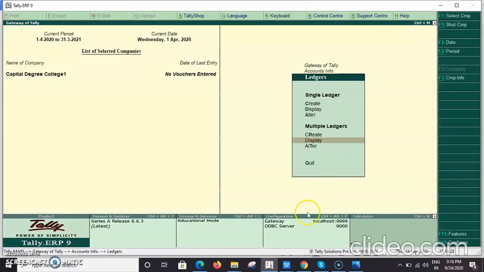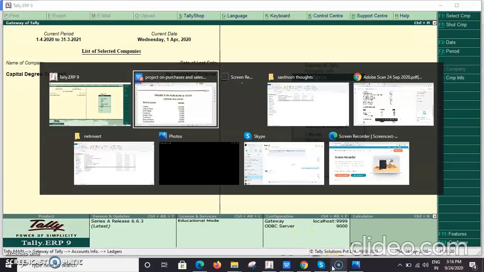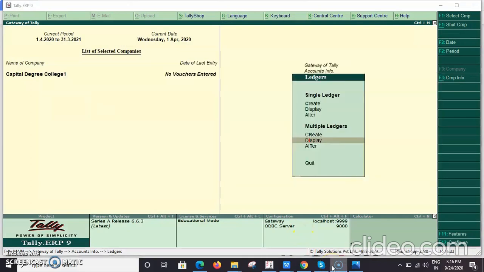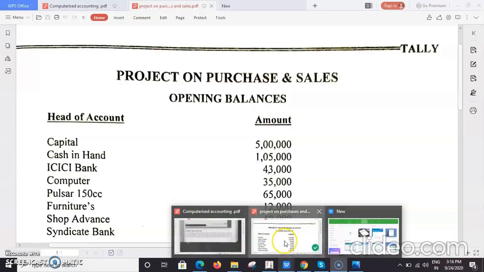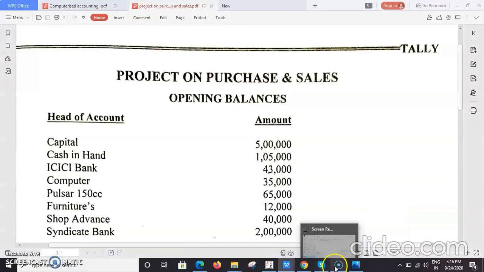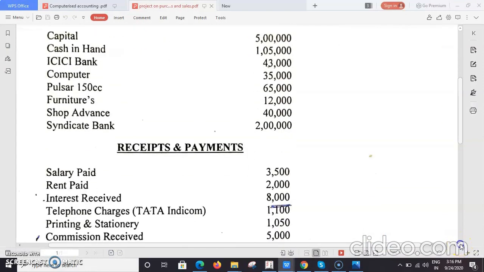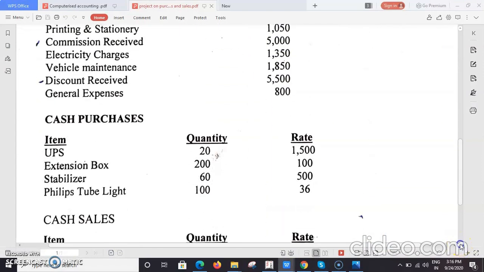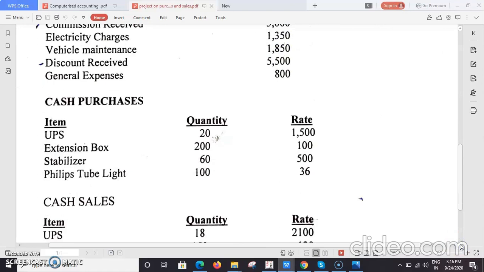Now what we require next is to create stock items. Already I have explained how to create a stock item. Once more I am explaining: I require 4 stock items, so I am creating them directly in multiple.